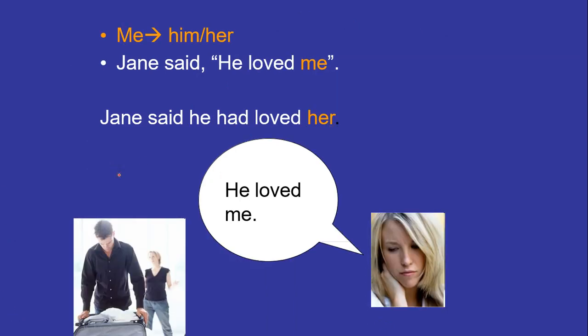Next, "me," "him," "her." You know that me, him, her are objects, right? Let's take a look at the example. Jane said, "He loved me." Change into indirect: Jane said that he had loved her.